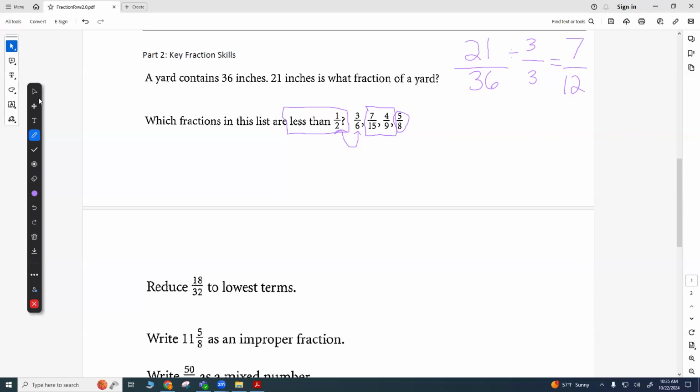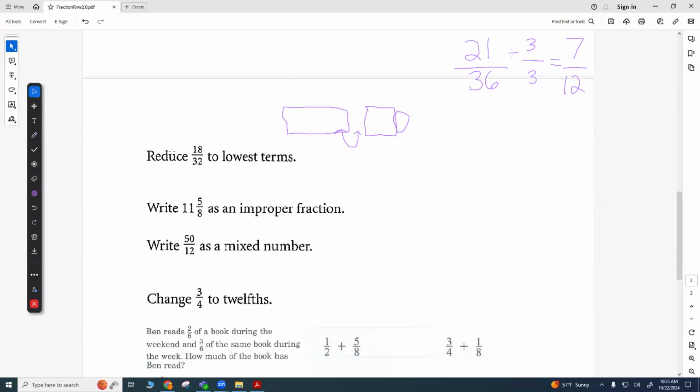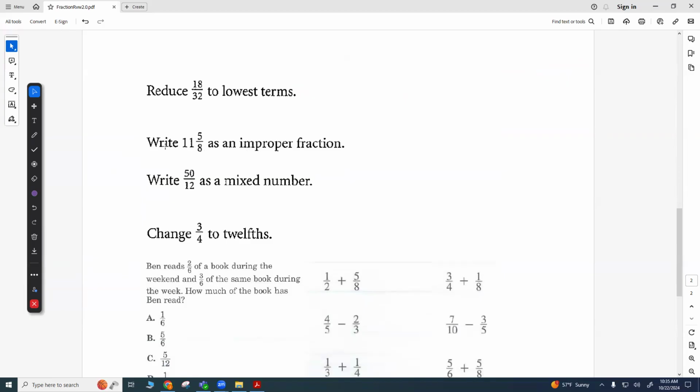Okay. So we talked about reducing to lowest terms. So hopefully everyone still feels good about that. How would we write 11 5/8 as an improper fraction? Beautiful. Good.